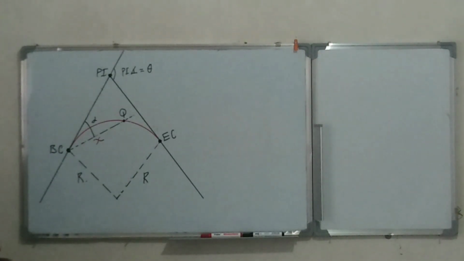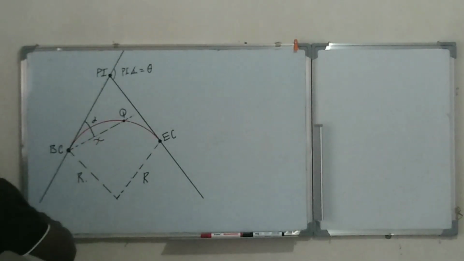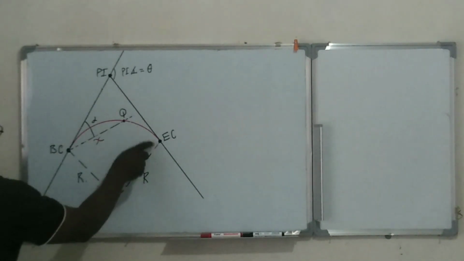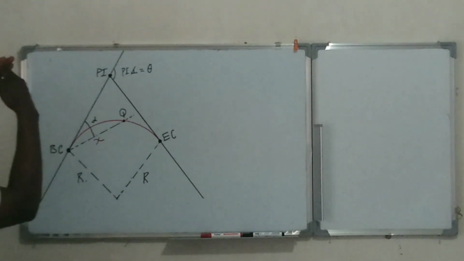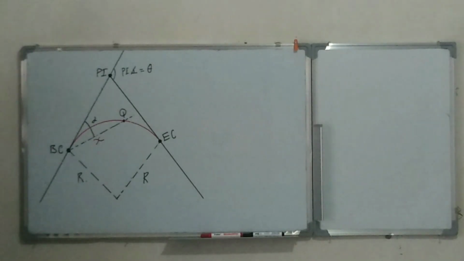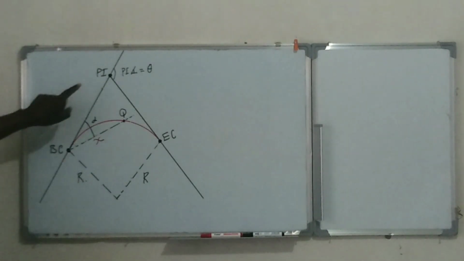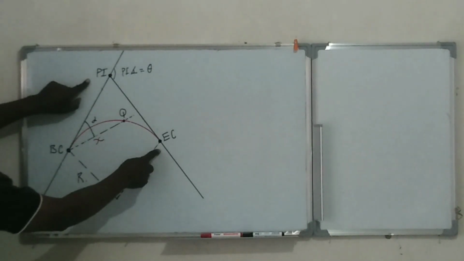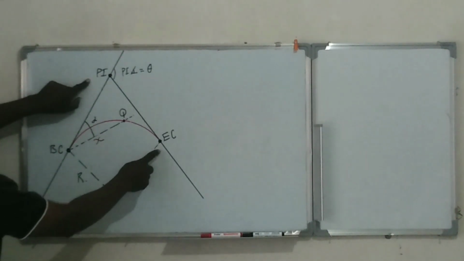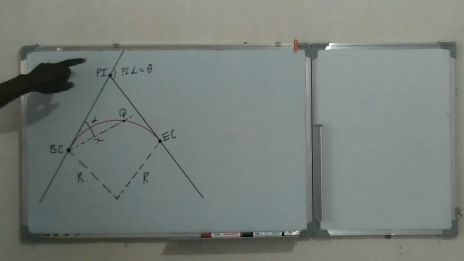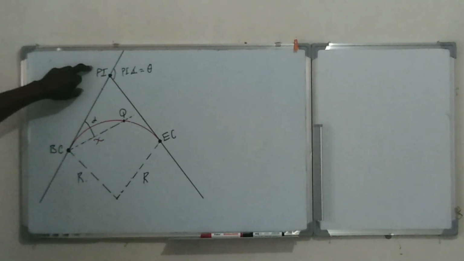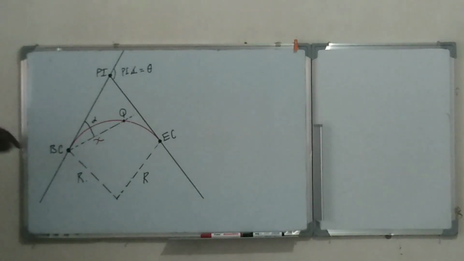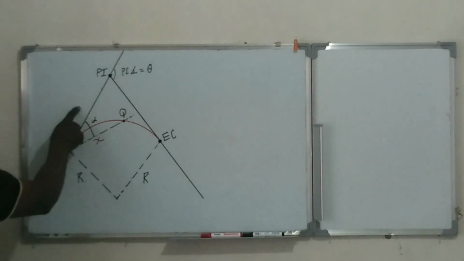But from circle geometry, we know that when two tangents to a circle, our circle here, intersect at a point, the PI, then the distance from the point of intersection to one of the points of tangency, which is the EC in this case, is also equal to the distance from the point of intersection, the PI, up to the other point of tangency, in this case, which is the BC. So this distance is equal to this distance.